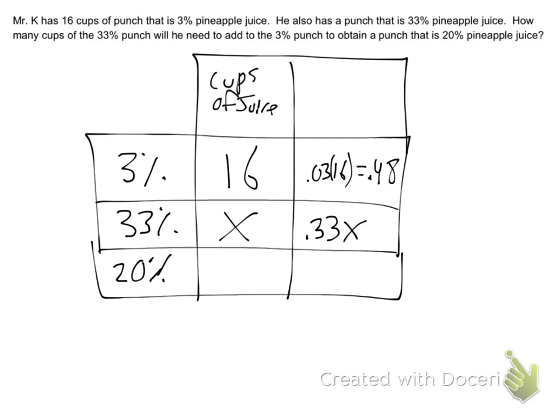When we're going down, we're going to add. That's going to help us with the amount of cups of juice. How much juice of 20% do I have then? Yeah, it's x plus 16, because whatever it is, those x cups of 33%, I would have to add to 16, right?